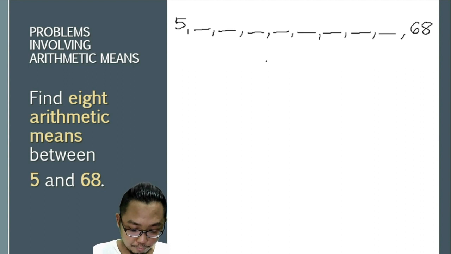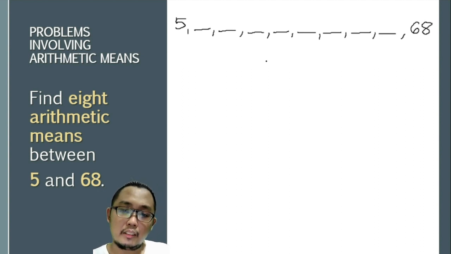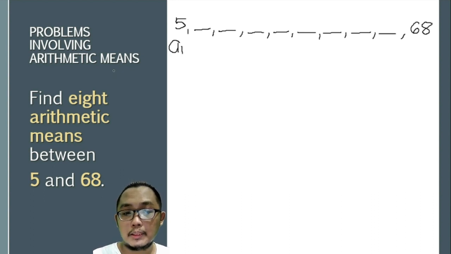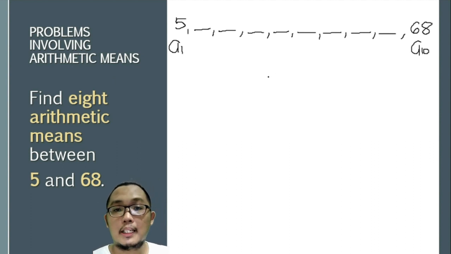So far, the only information that we have is that we could make an assumption that 5 is our first term, writing a sub 1, and our 68 being our 10th term, denoted as a sub 10.